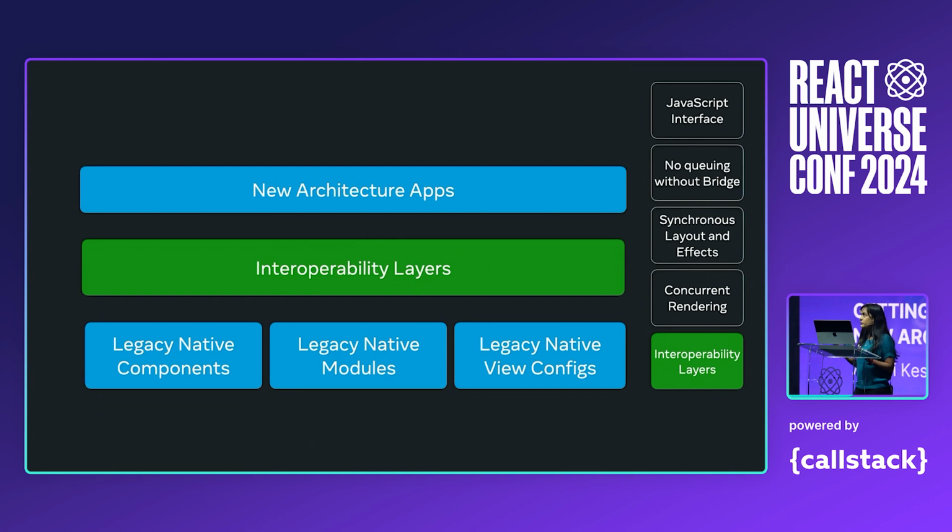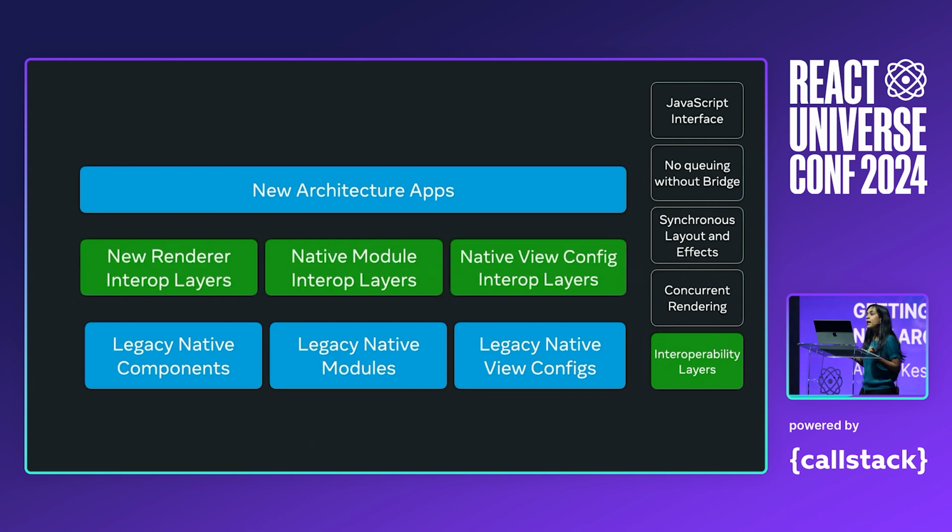Now these interop layers work on all parts of the new architecture, whether it's the native module layer, native components layer, or also on the app integration layer. The new renderer interop layer is effectively a wrapper, just like a platform layer, that allows you to register those legacy components into the new renderer. And it maps the legacy function invocation to the equivalent in the new renderer.